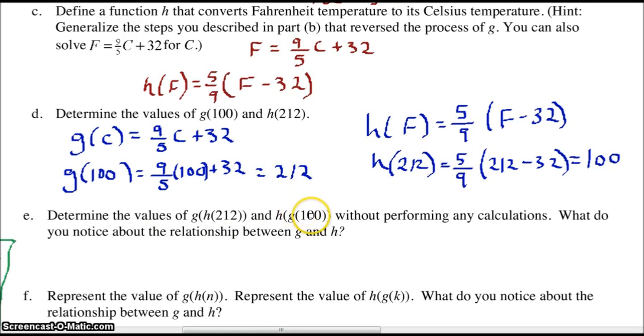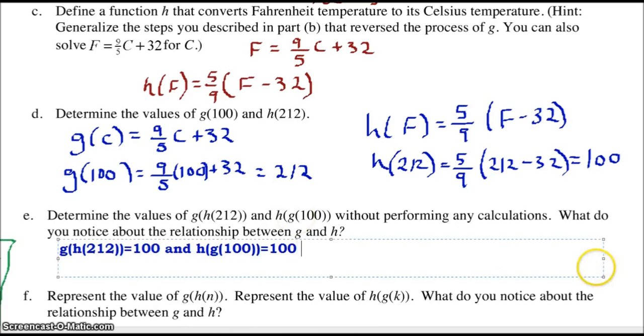And then g of 100 is 212, and if we plug that into h, we get 100. So, clearly, g of h of 212 is simply 212, and h of g of 100 is simply 100. And so what do you notice about the relationship between g and h? Well, g and h are inverse processes because they undo each other, or inverse functions.